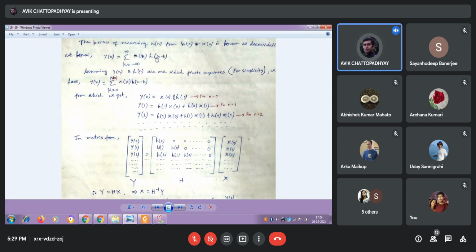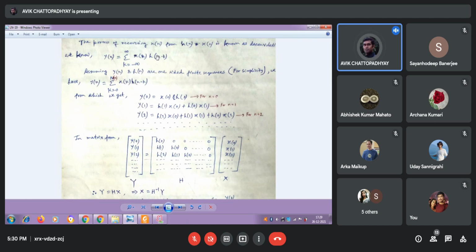You can also take h, that h is not known. You know x, you know y, but you don't know what is h. That means you don't know the impulse response, what is there inside the system. It is like a black box, you are feeding and you are getting, but what is there within, I don't know. That means I don't know about the design or the characteristics of the system which is giving this output upon applying this input.